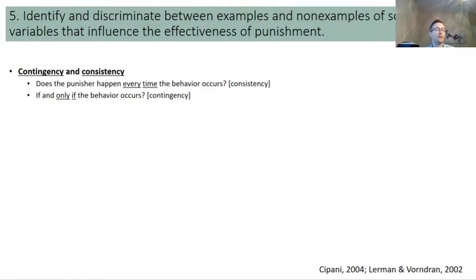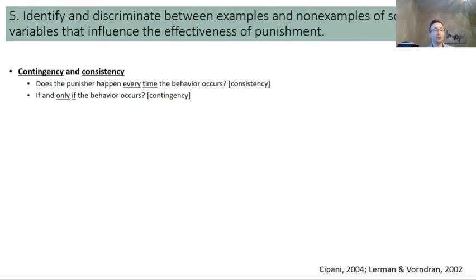So if the punisher happens every time the behavior occurs, we would say the punisher is being delivered consistently. So the first bullet there, does the punisher happen every time the behavior occurs, refers to consistency. But the next one is contingency. So contingency is if and only if the behavior occurs, the consequence is delivered.